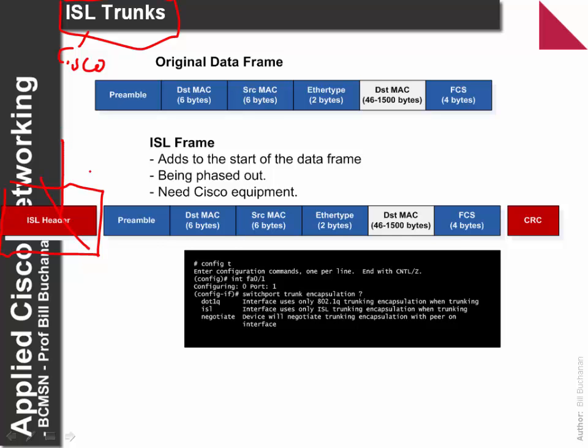For compatibility reasons, this is also supported on many switches. We can see here when we define our trunk, we say encapsulation and we can make it 1Q, ISL, or it can negotiate between the switches on the best type of encapsulation used.